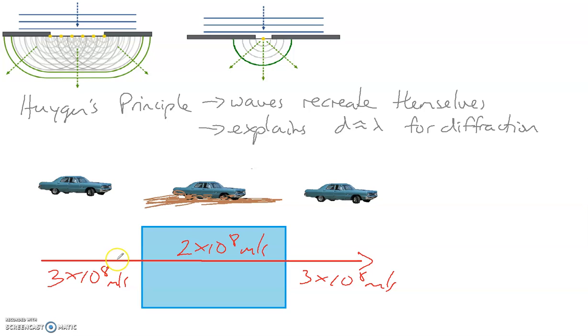When it was in the air, it traveled at the speed that it does in air. When it goes into the glass, it has the speed that it has in glass. And then when it goes back into the air again, it magically just goes back up to 3 times 10 to the 8? Well, no. It takes on the speed it's supposed to have in the air, the glass, or the air, depending on where it is, right?